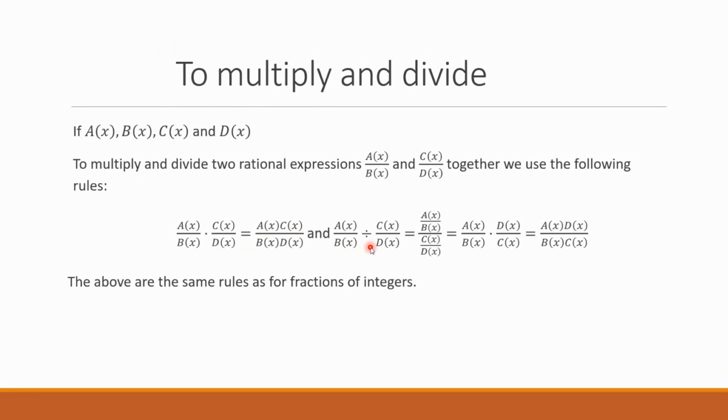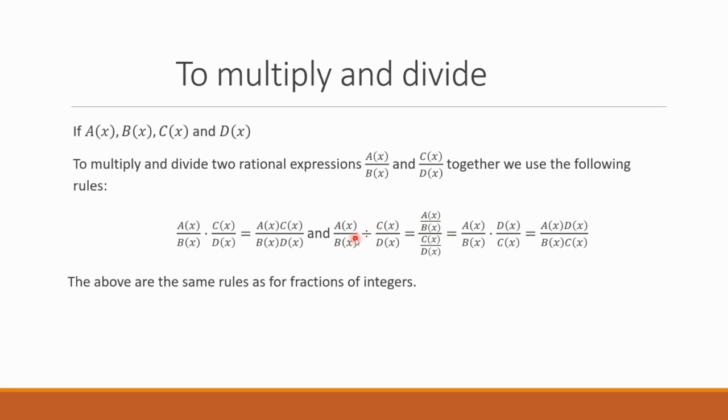For division, you could use this division symbol. You could also write it as what they call a complex fraction, where the numerator is a fraction and the denominator is a fraction, as you can see. Both of these are telling you the same thing.